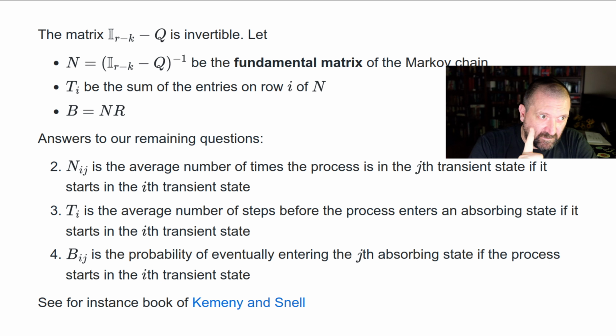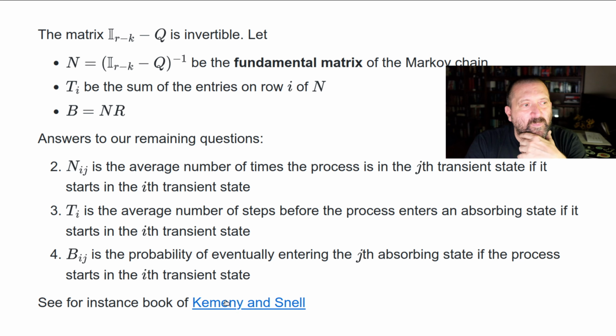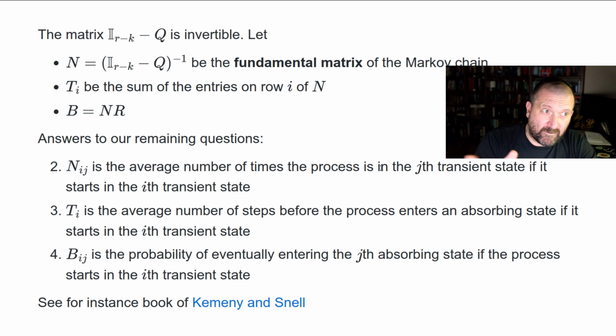This is not telling you which absorbing state it enters, just how long it remains in transient states before it is absorbed. And B gives you the probability of entering the jth absorbing state if you start in the ith transient state. I'll point out there's an old book by Kemeny and Snell that has some very good things about the linear algebraic side of these problems.